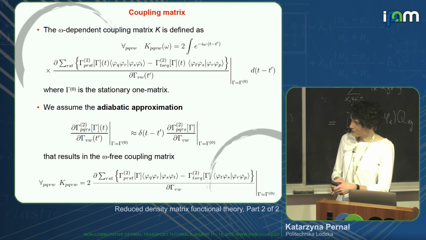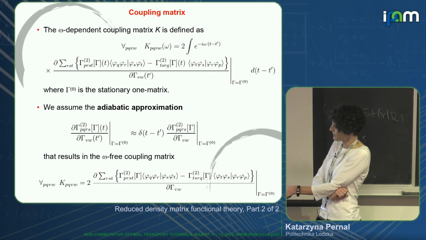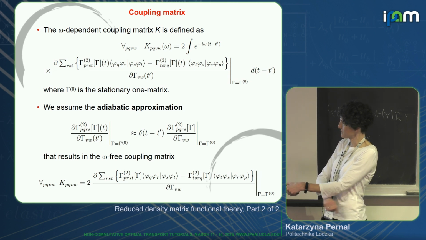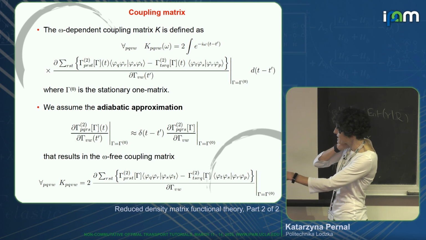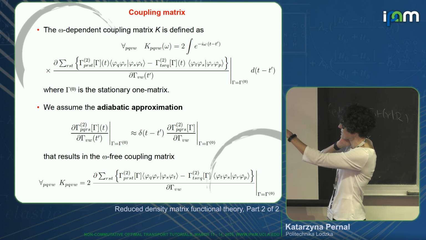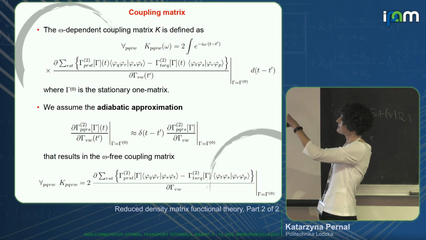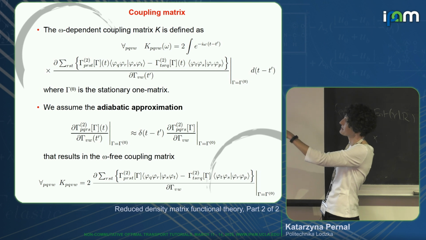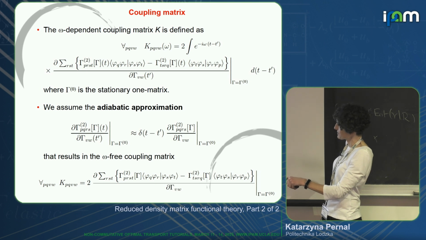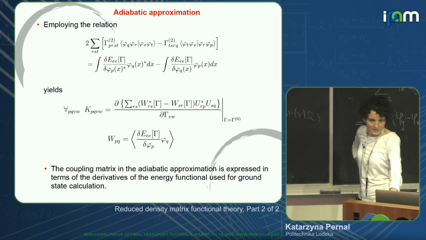Due to this adiabatic approximation, a consequence is that the coupling matrix is free of omega, of frequency dependence. So it does not involve omega. Because if you insert this expression into the integral, you just integrate with respect to t minus t', so you get 1 from the integral, and you are left with the derivatives of the 2RDM in terms of the 1RDM.